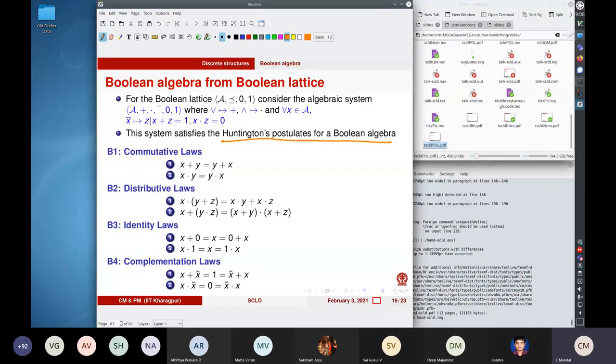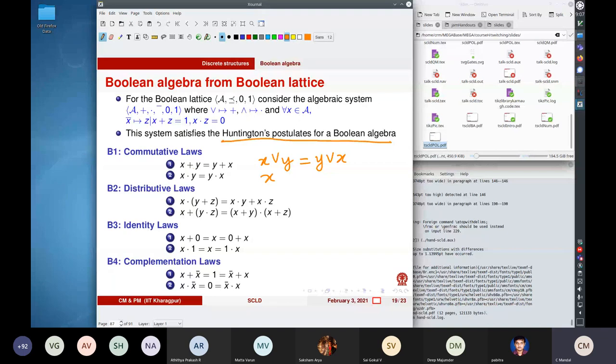These are the laws of Huntington's postulates for a Boolean algebra. And you have already studied the properties of a Boolean lattice. So essentially we are mapping. So this is the commutativity law. You have already seen that this is satisfied in a Boolean lattice, for example. So everywhere you can just consider the corresponding operation. This is just like renaming the operations.